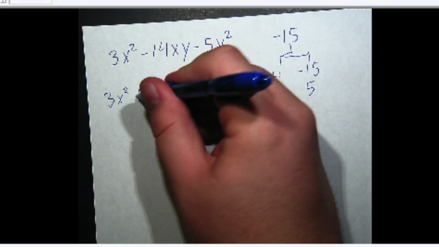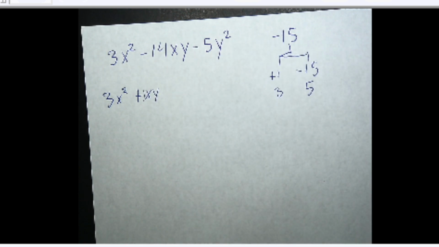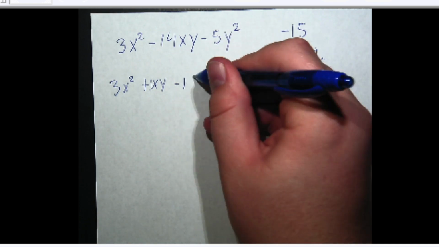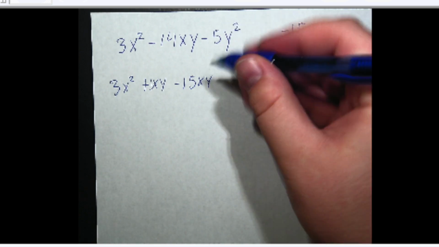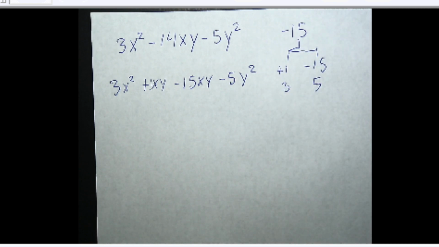I can just write that as xy. Because remember, we can just pretend the 1 is there. Minus 15xy, and then drop that negative 5y squared down. All right. So we've got our 4 terms.